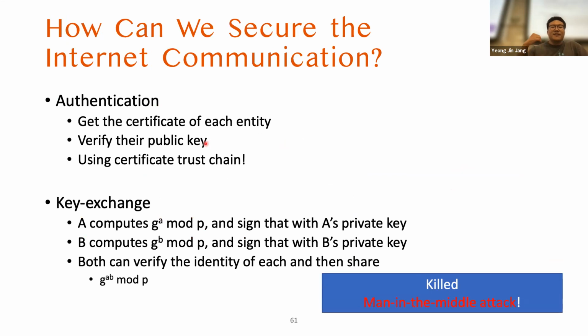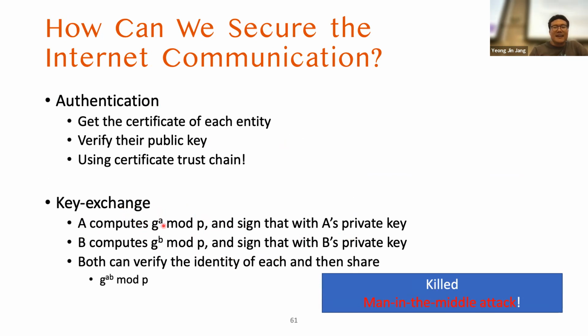So we can first check the authentication, and then when we do the key exchange, A computes their sharing number, signs that with A's private key, and gives me the certificate. And we ask the same thing of user B. After computing this, they will sign it.